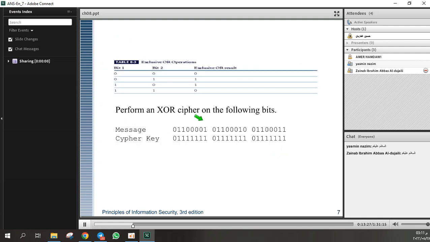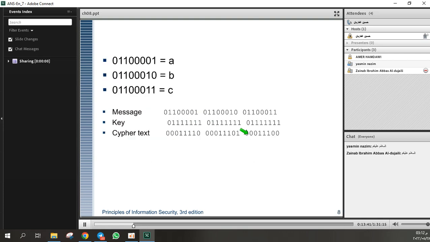For example, look at this one here. I have a message, for example an 8-bit message, and I have a cipher key, something like this. If I XOR these values together, I can receive this one here. This is the result: the main message, the key, and finally the ciphertext.